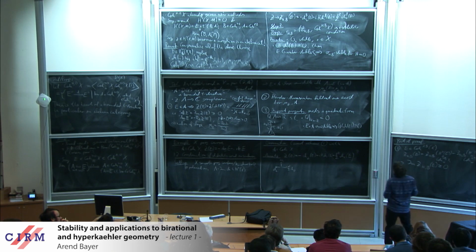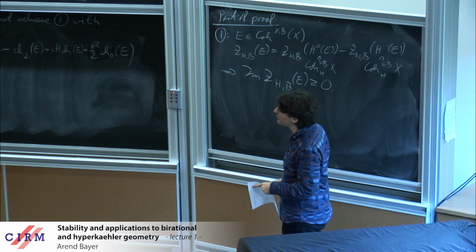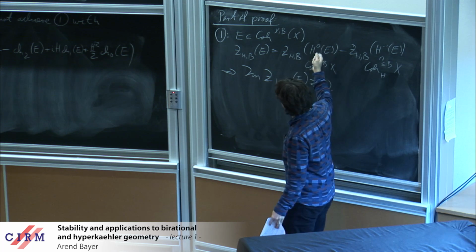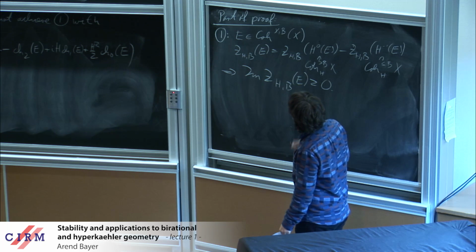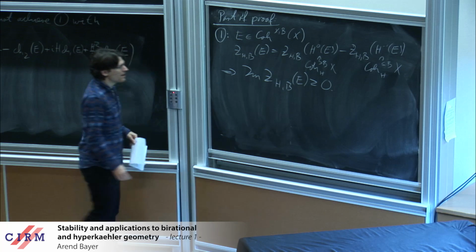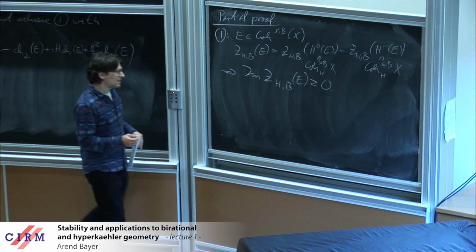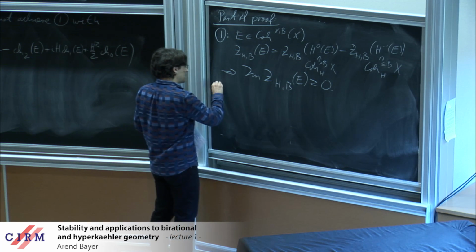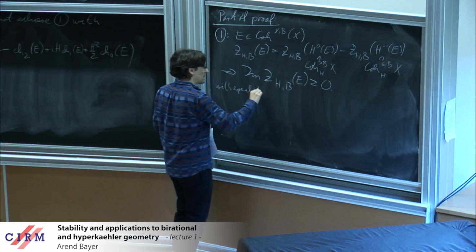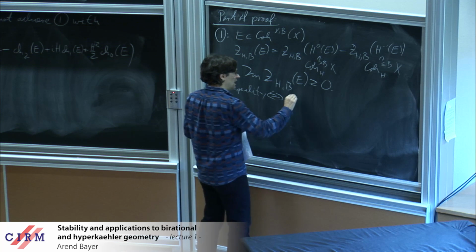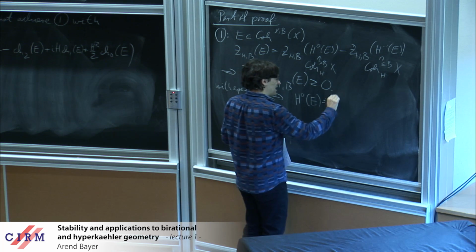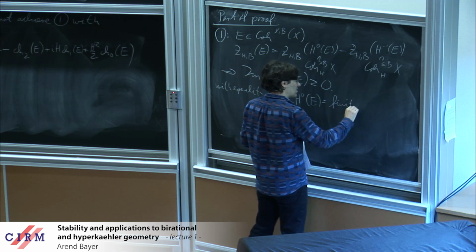And this also works, or more precisely, I should have said after this twist. So here, H dot Chern 1 of B for these objects is automatically positive unless they are zero-dimensional torsion sheaves. And these are automatically non-negative, right? So we have automatically this inequality with equality if and only if H^0 of E is a finite length sheaf, so a zero-dimensional torsion sheaf.